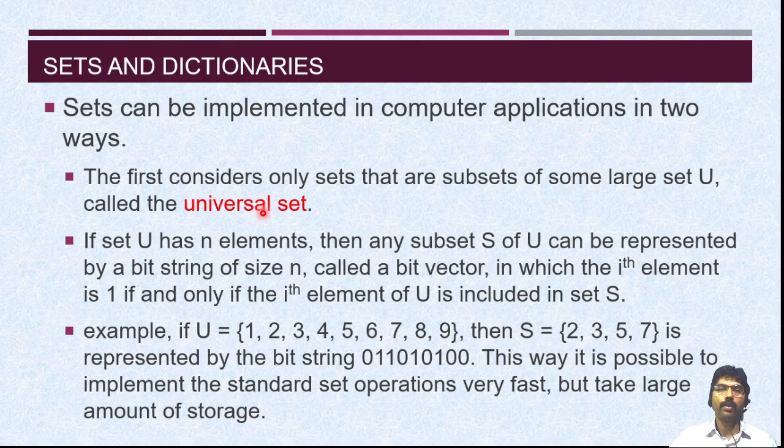We create our small set by taking values from this universal set. Just like if you have a very big lake, we pick some of the water from the big lake to use for our purpose. In a similar way, we take some of the values from this universal set to create our subsets.